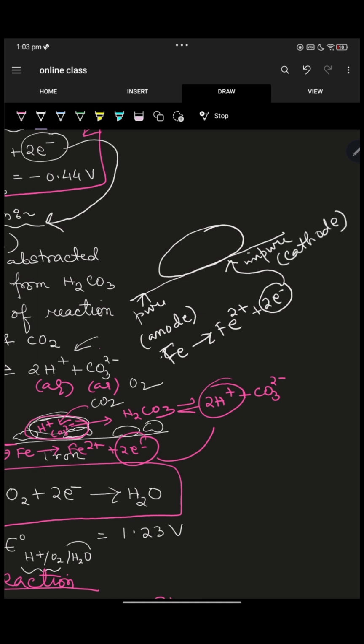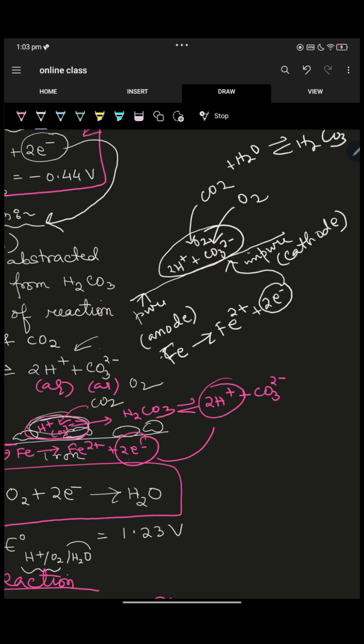And this moisture in the air, there is CO2 and there is O2, and they are dissolved in this H2O. CO2 is also going inside, O2 is also going inside. Now this H2O reacts with the CO2 and it forms what? H2CO3. This H2CO3 will dissociate and give 2H+ and CO3 2-, and the O2 is already dissolved inside.